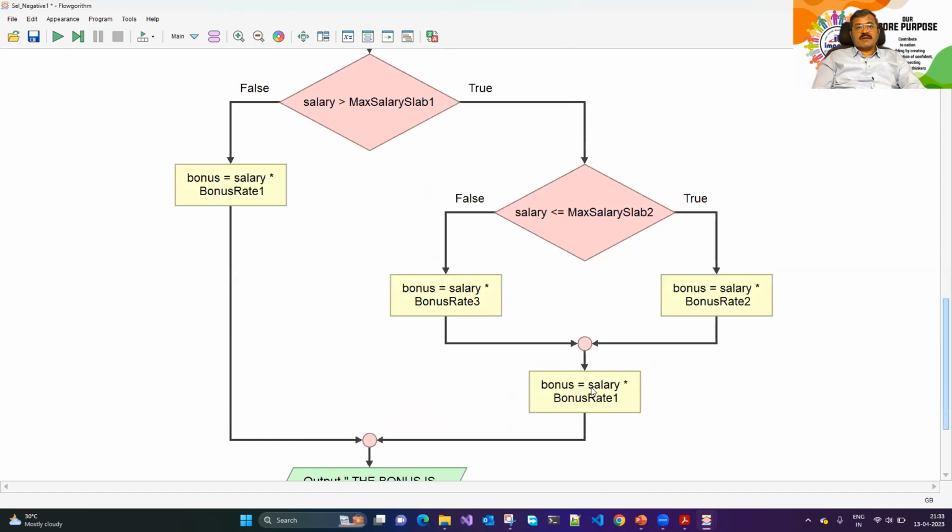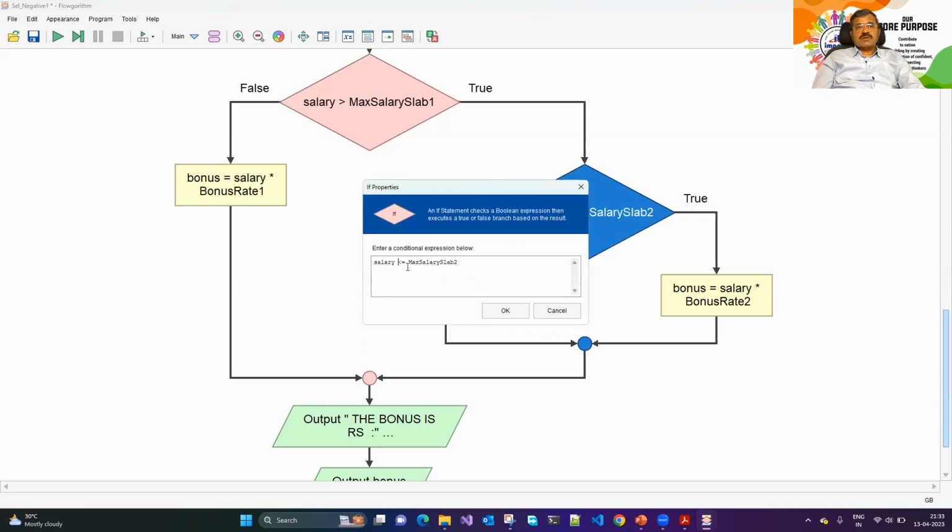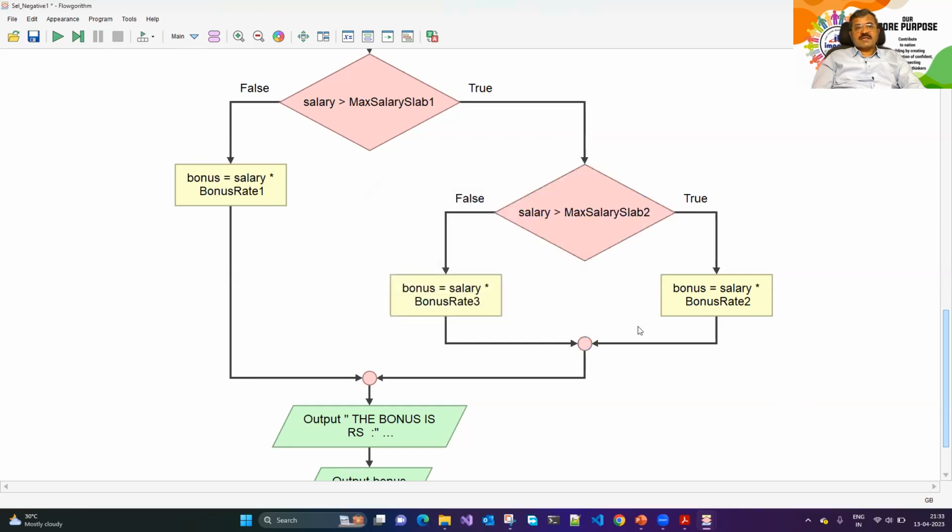Interchange करने के लिए first. Then here again we have less than equal to. So this less than equal to will be changed to greater than. First change कर दिया.